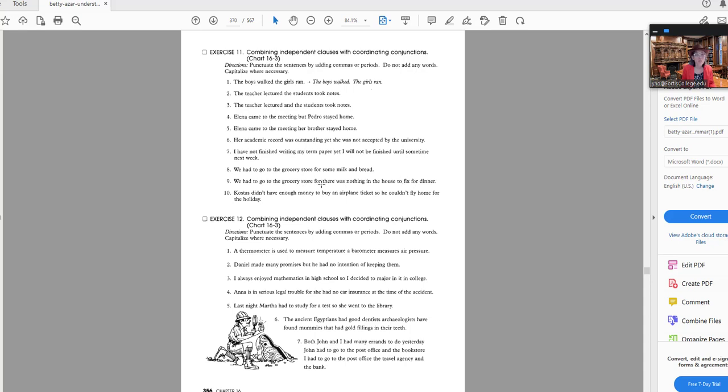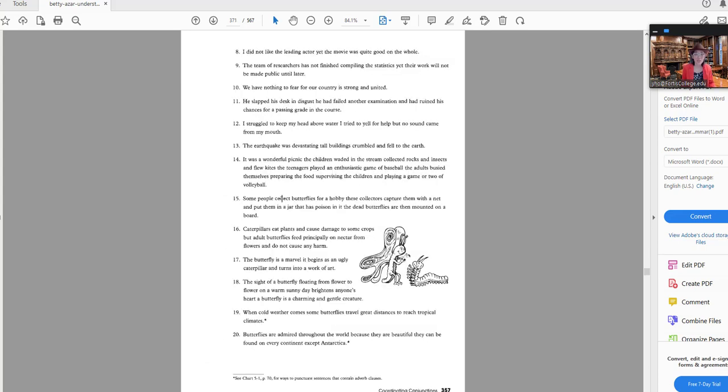So here, for is used like because. That's so British English, when for means because. So you would say, we had to go to the grocery store, comma, for there was nothing in the house. Mary or Kostas didn't have enough money to buy an airplane ticket, comma, so he couldn't fly home for the holidays. So we always use a comma before a coordinating conjunction.